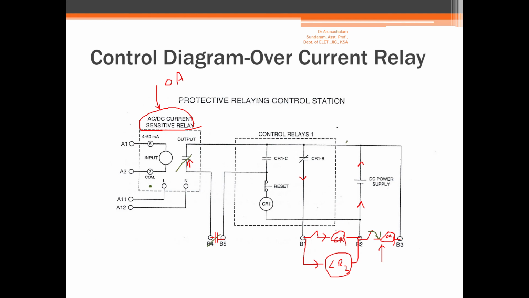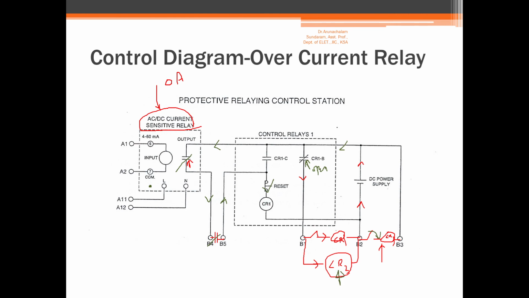Now the current will flow through this contact and energize CR1. If it energizes CR1, this normally closed contact will open. When this contact opens, CR2 will be de-energized.